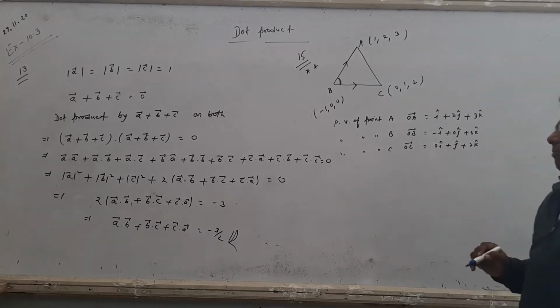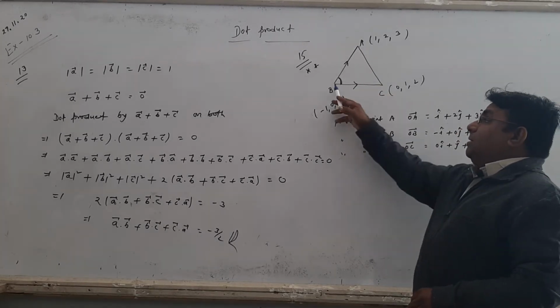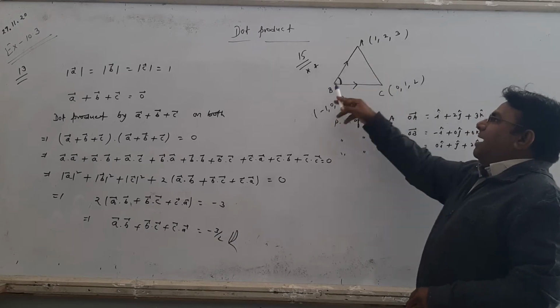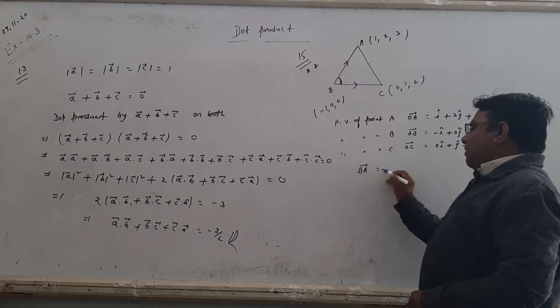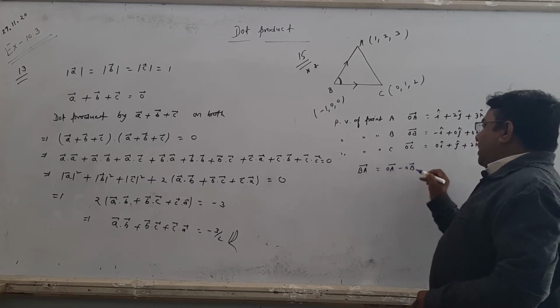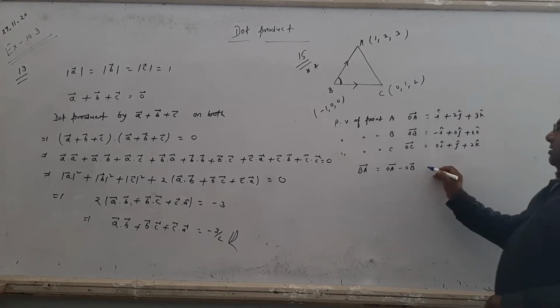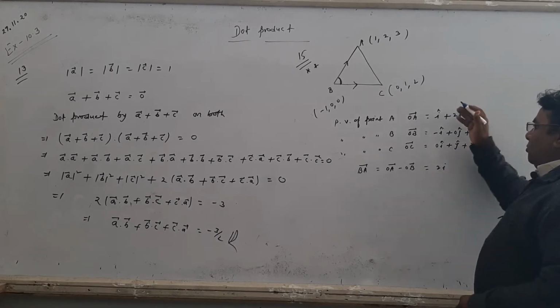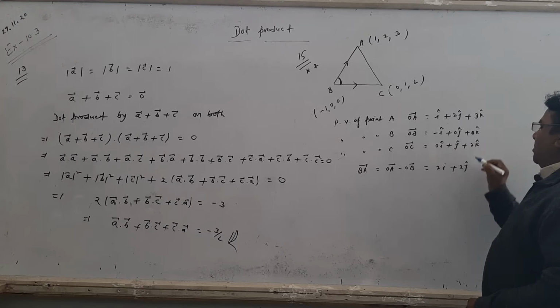First thing, we have written it in vector form. But now find angle ABC, the angle at point B. So now find only BA and BC. So now write vector BA. You know, students, vector BA is OA minus OB. That means OA is given, OB is given. OA minus OB, that is 2 i cap, 2 j minus 0, that is 2 j cap, and 3 k minus 0 k cap, that is 3 k cap.